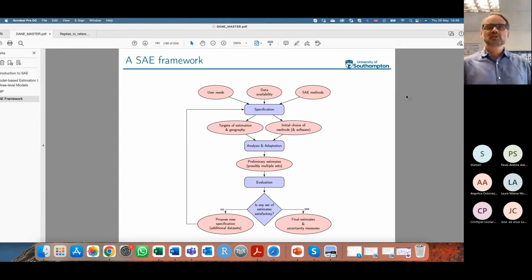Depending on the answer to that question, you may have to go and adapt your strategy. The specification step is really an important one, I think, because in order to specify the problem, the three things that we have identified as key areas are, first, user needs. Who are the users of the estimates that you want to produce, and what are they trying to get out of these estimates? That's one thing. The second thing is what data you have available, right?